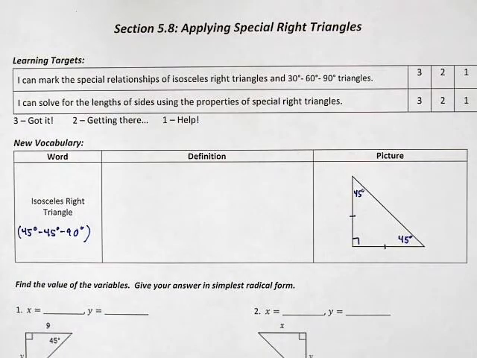There are some rules, properties of special right triangles, this one in particular, 45, 45, 90, that will always work.